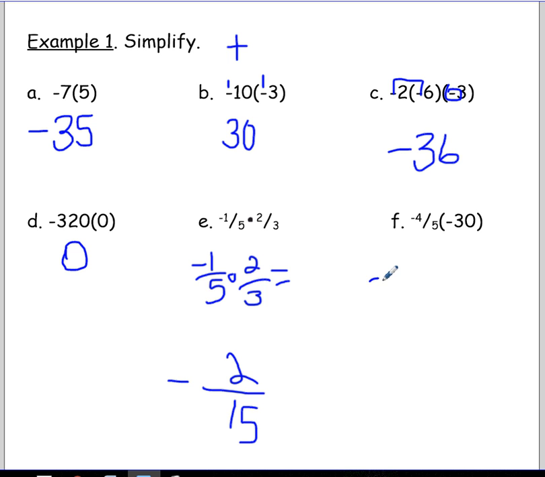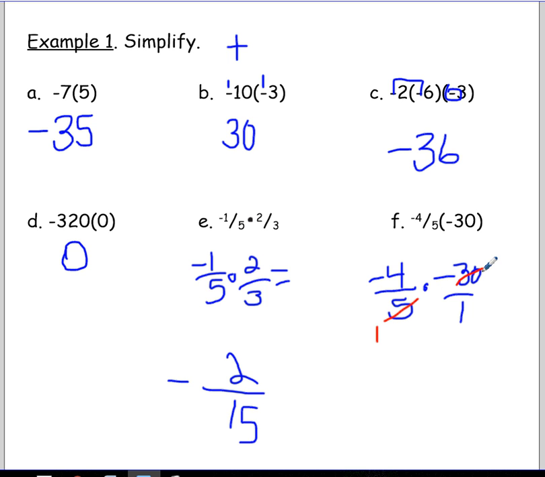For F, we have negative 4/5, and we're multiplying it by negative 30. So let's put our negative 30 over 1, so we can think of top times top and bottom times bottom. Again, I like to simplify first if I can. I see that 5 and 30 are both multiples of 5, so I'm going to cancel a 5 on the bottom. 5 divided by 5 is 1.